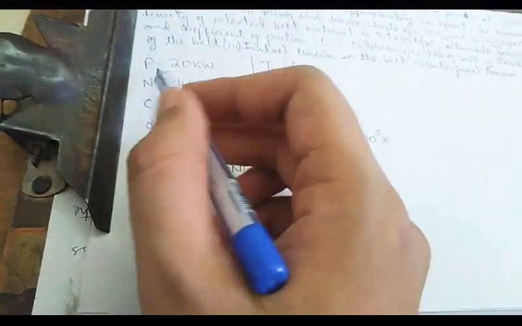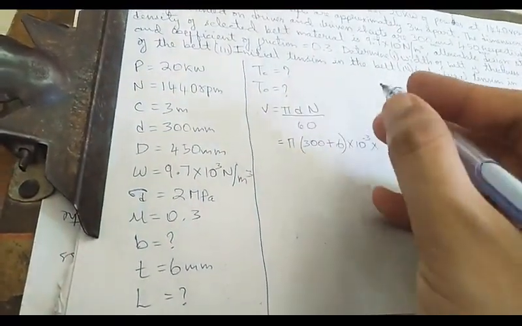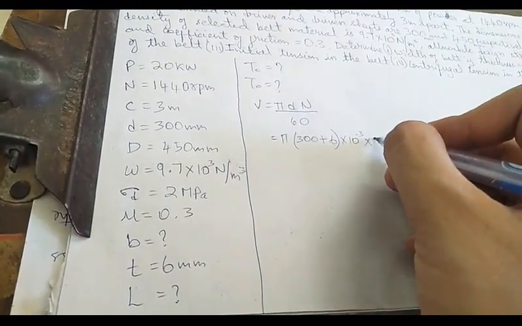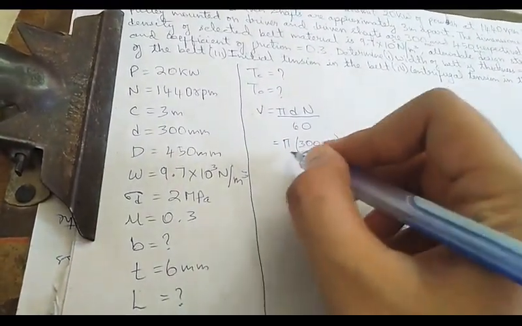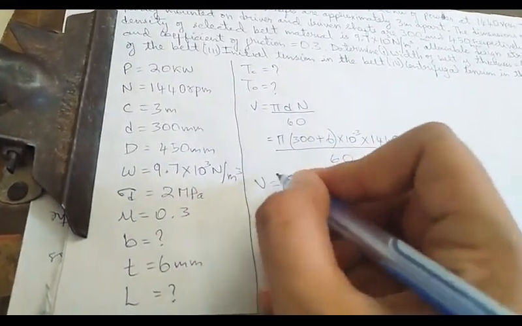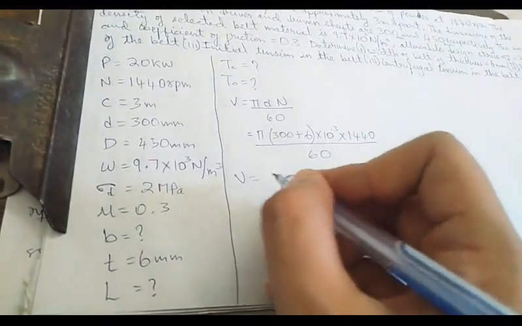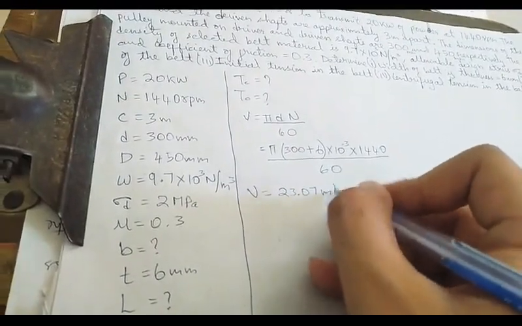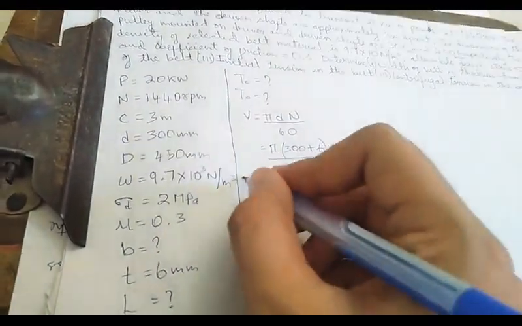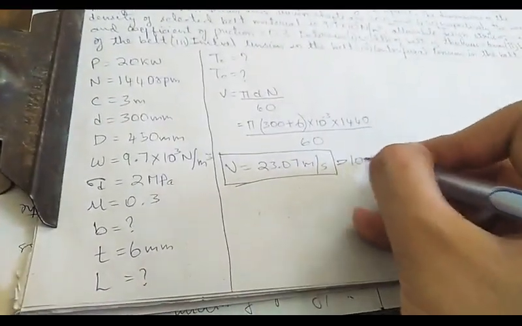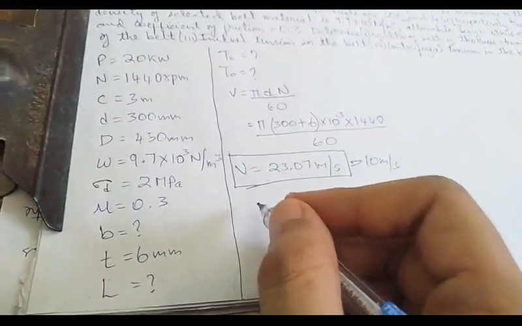So here speed given is of smaller pulley. So the velocity which we will get is 23.07. We have found the velocity. So since this is greater than 10 meter per second, we need to consider centrifugal tension.